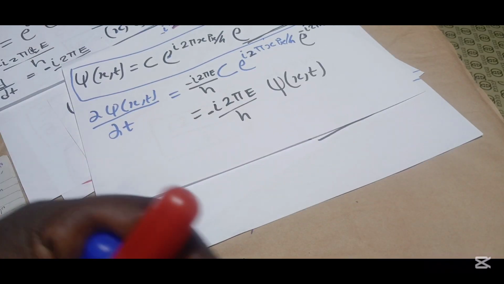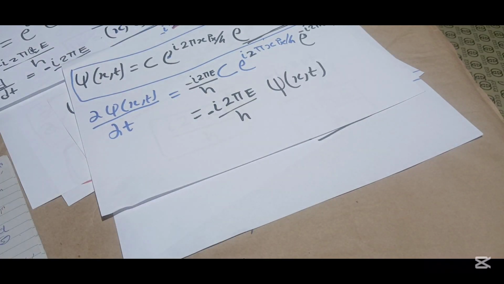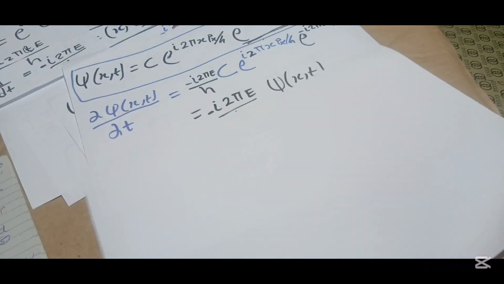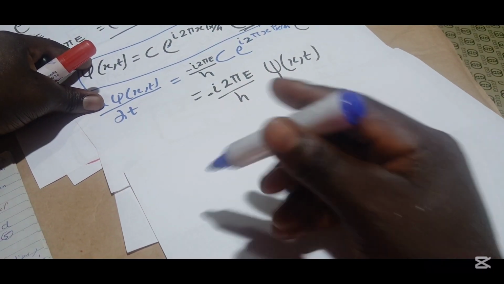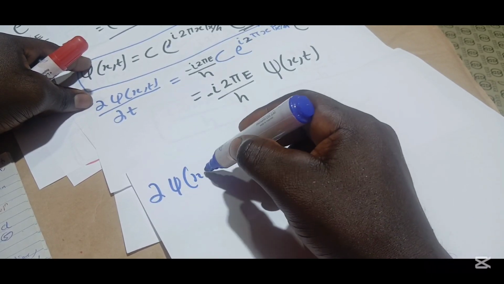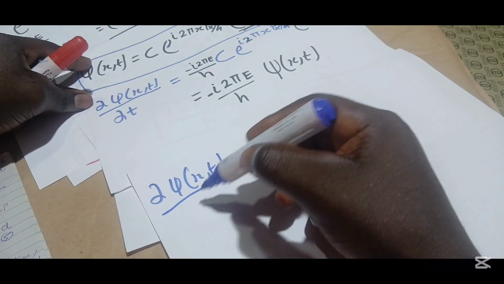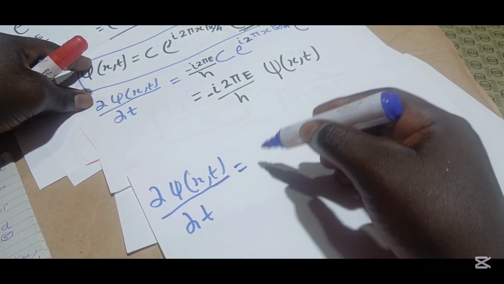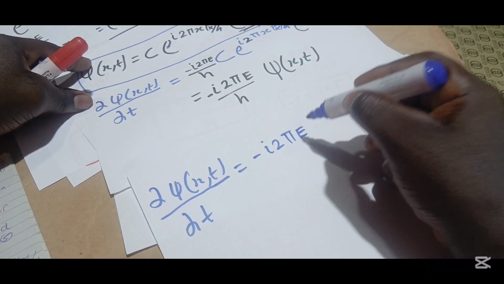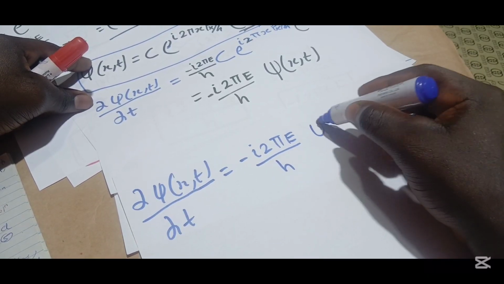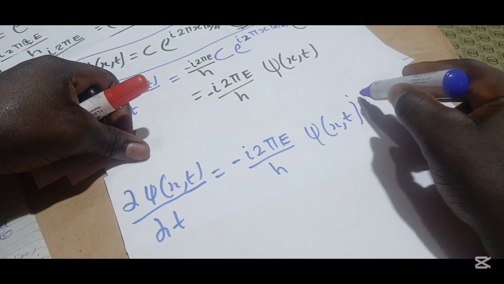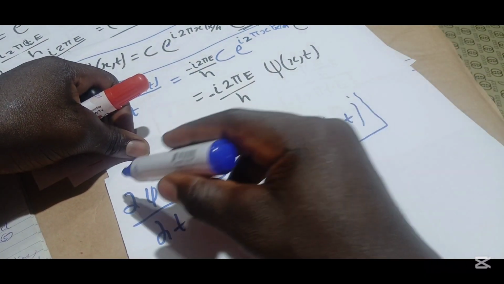So our final solution for differentiating the equation with respect to time, d psi x t dt, equals minus I 2 pi e all on h psi x t. This is our result. This equation is of great importance to us.